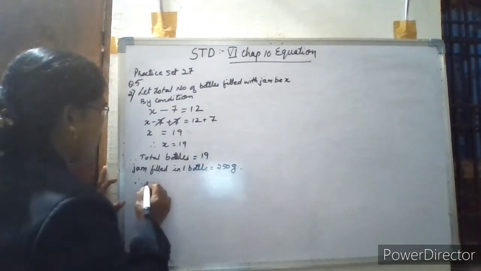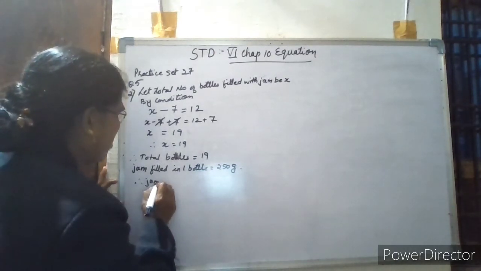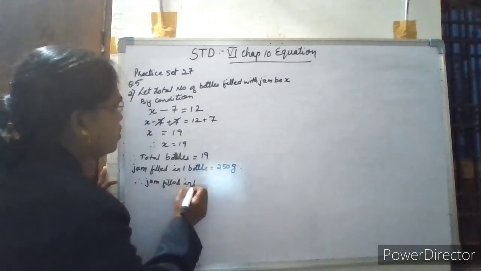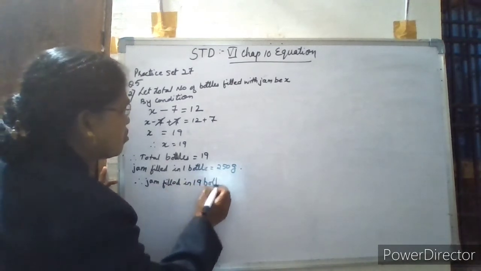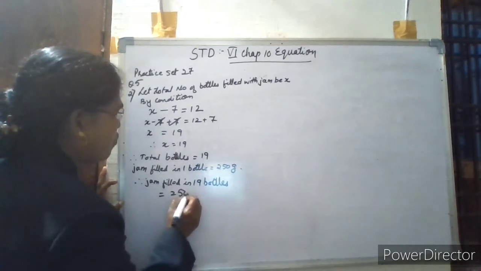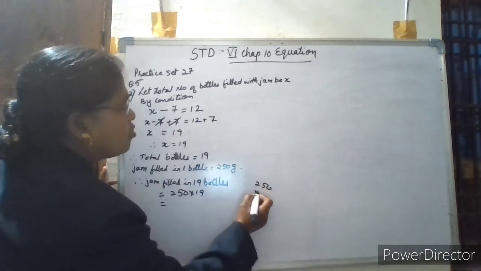Therefore, jam filled in 19 bottles will be equal to 250 into 19. Multiply it. 250 into 19.